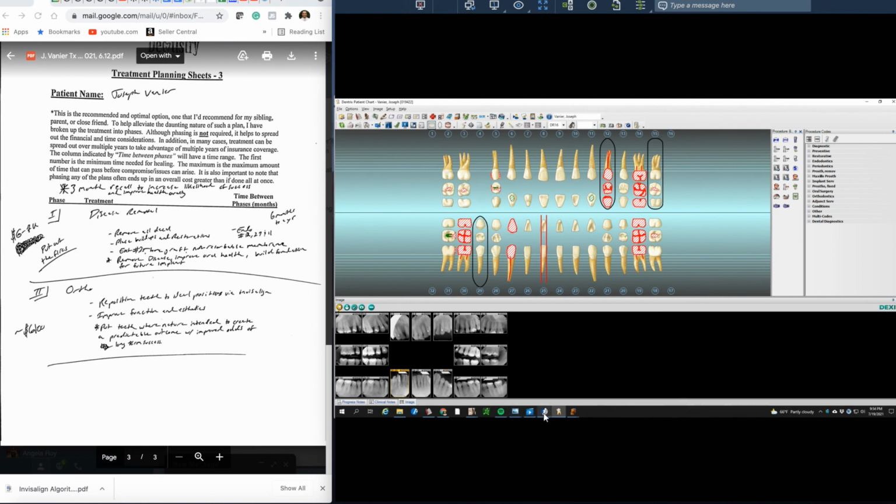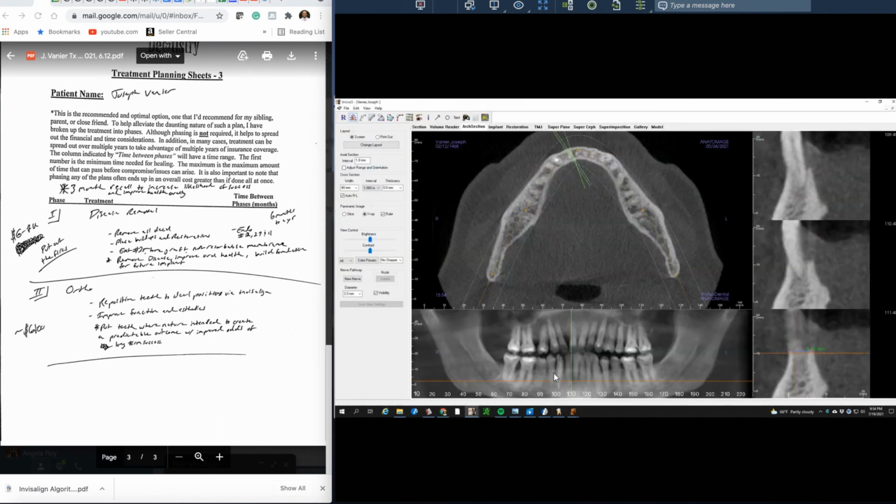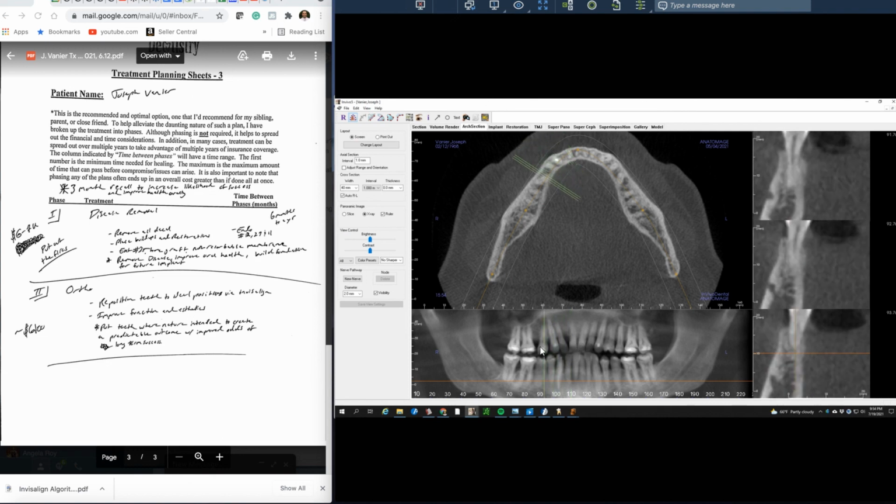You had mentioned what my thoughts were on that. That's pretty easy. We would slide everything this way, open up this space for an implant.